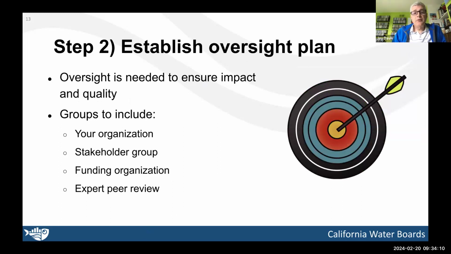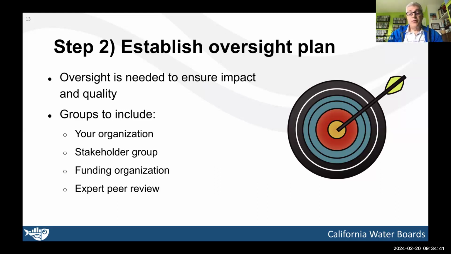Another step that is important is establishing an oversight plan and monitoring. I can't think of monitoring that's going to be done in a vacuum. There's always going to be the goal to inform a community and to generate high quality information, or maybe to inform a regulatory process.